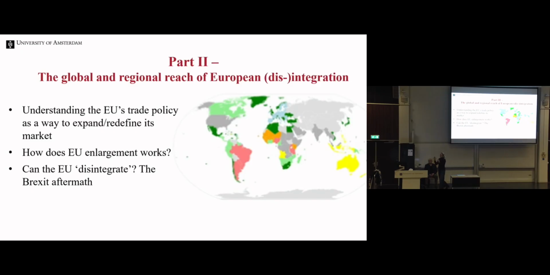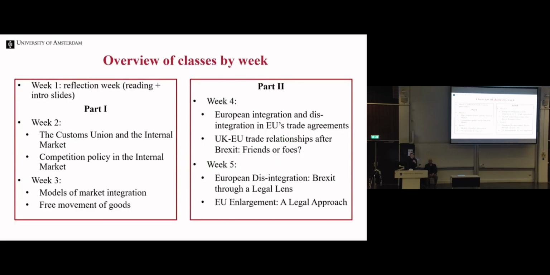So we're going to look at EU's trade policy, and colleagues of mine will also talk to you about how EU enlargement works and the consequences and the case of Brexit, so how that kind of has changed not only the physical borders of the EU, but also what kind of processes of disintegration have actually taken place in the case of Brexit.